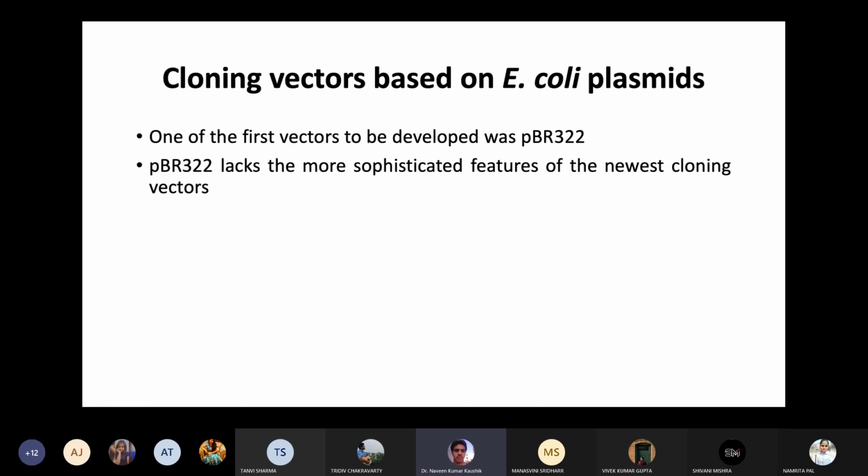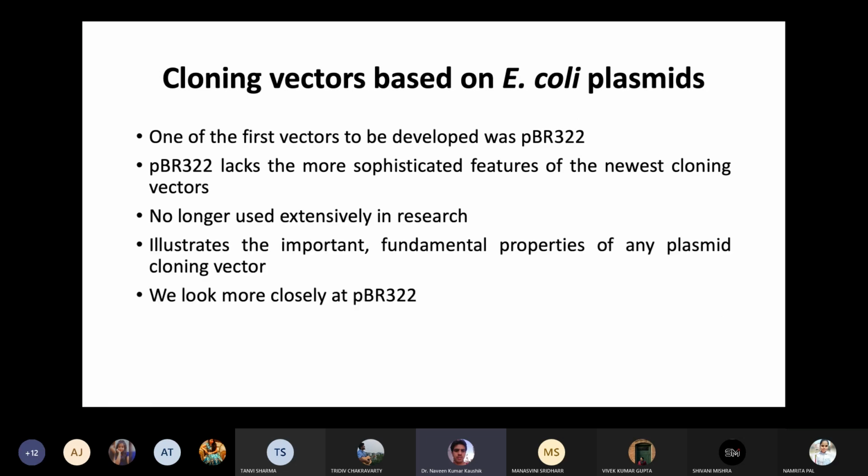Now, which vector was the first developed, how it was developed, and what features it has? The first vector that was developed is named PBR322. How did this name come about?